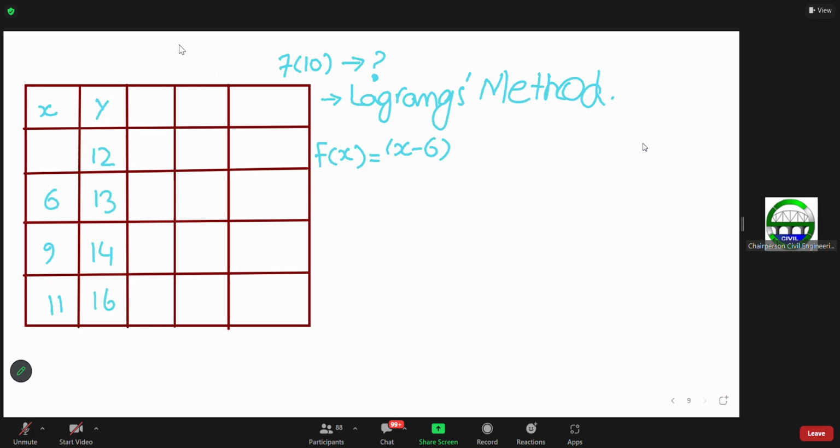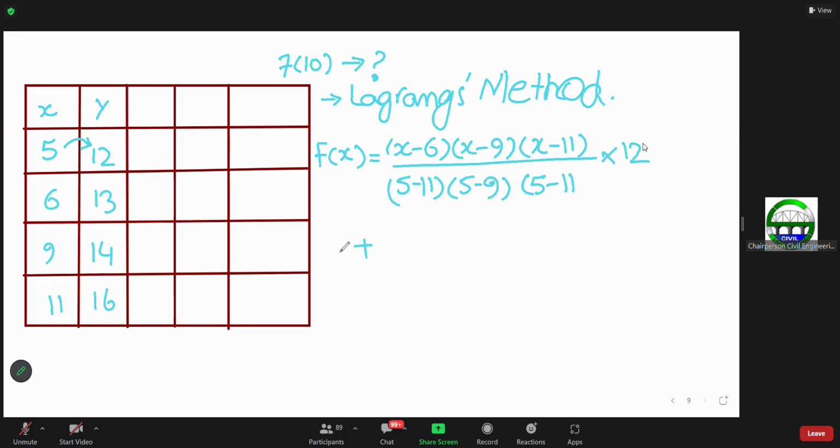So what you're gonna do is x minus 6, x minus 9, x minus 11 divided by, put 5 back, 5 minus 6, 5 minus 9, 5 minus 11, and multiplied by its corresponding value, 12.